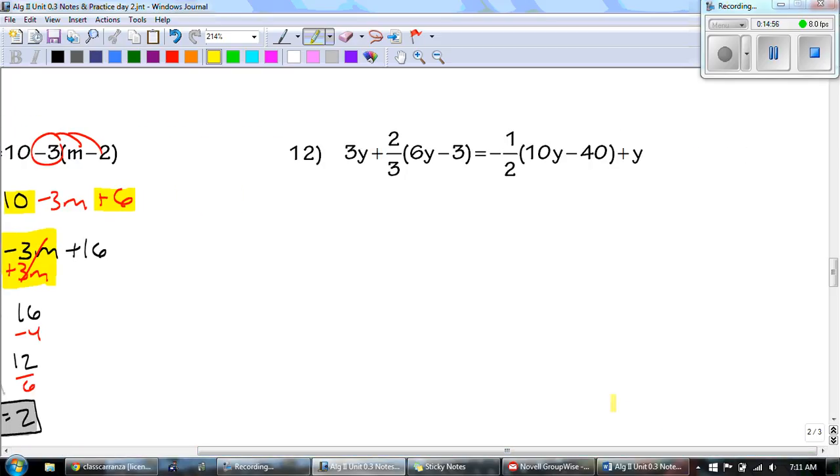All right, number 12. Don't freak out. Okay? No math babies or math weenies. So I need to distribute. 2 times 6 is 12, and 12 divided by 3 is 4. 2 times 3 is 6. 6 divided by 3 is 2.